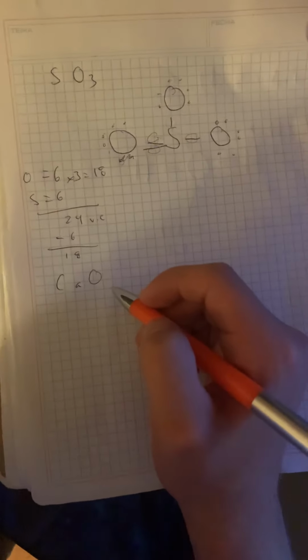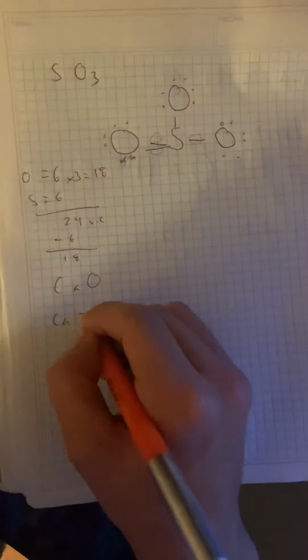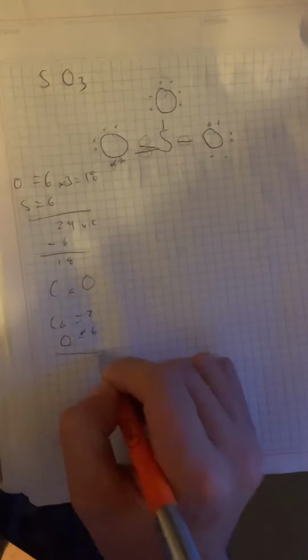Now let's go with another example, just calcium and oxygen. Calcium we know has 2 valence electrons, and oxygen has 6, so it is a total of 8.